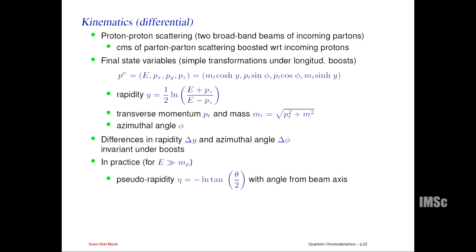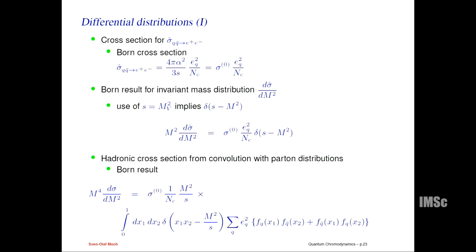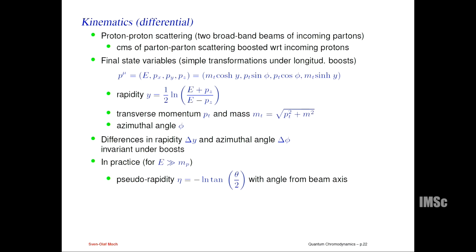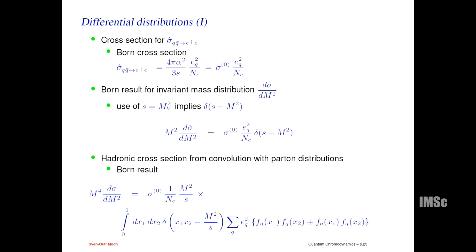The relevant quantities at the Hadron Collider to measure are basically rapidity, or pseudo-rapidity if you neglect the proton masses, and the transverse momentum. And integrating over the transverse momentum, we typically end up in terms of the pseudo-rapidity.